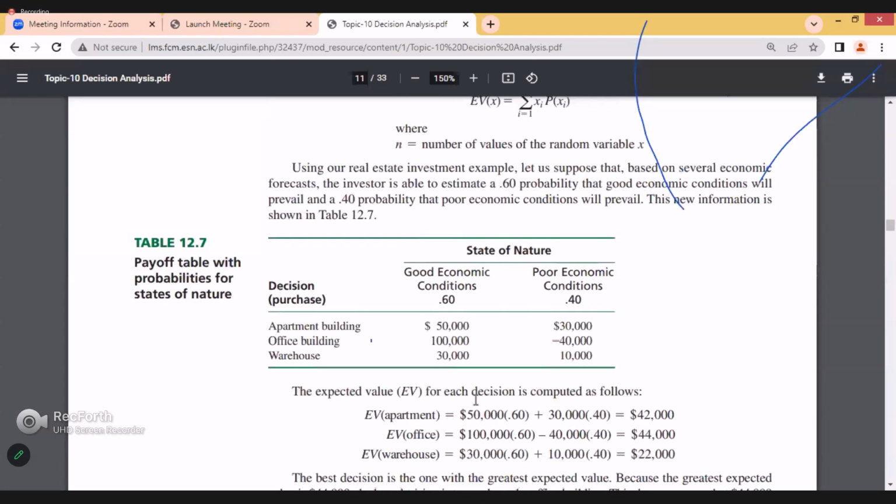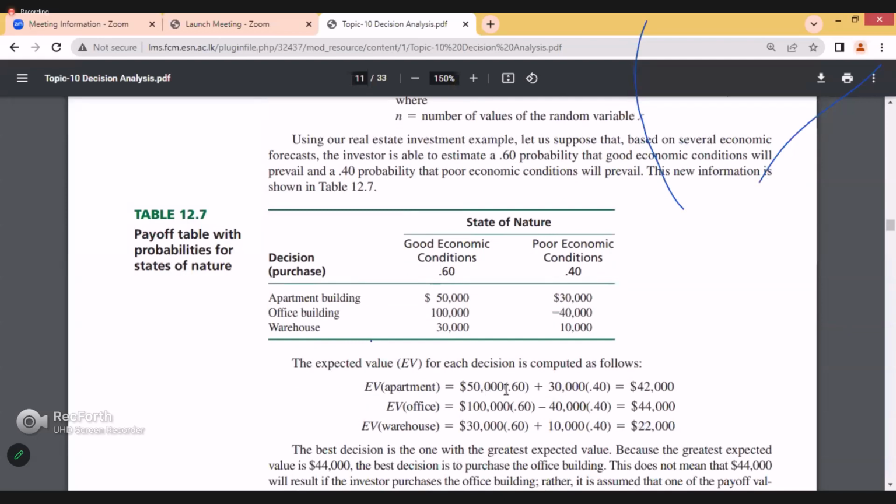So all the values under good economic conditions have to be multiplied by 0.6. Then for poor economic conditions, all the values are multiplied by 0.4. The probabilities always sum to 1. Okay? So then we get 42,000, 44,000, and 22,000.